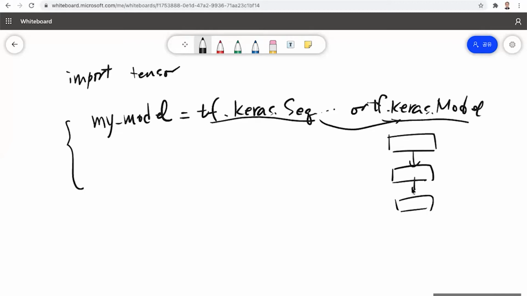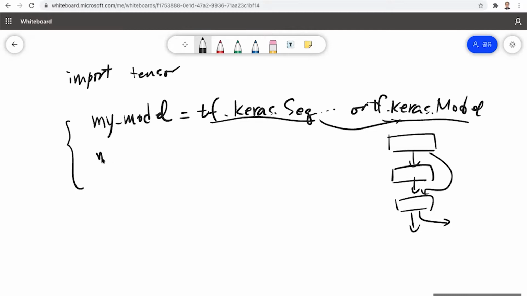So it goes here, and it might go here. This is the meaning of the model. You just set up how many layers you are going to use, how many nodes in each layer, and what kind of activation functions you are going to use. That's the step of the model.